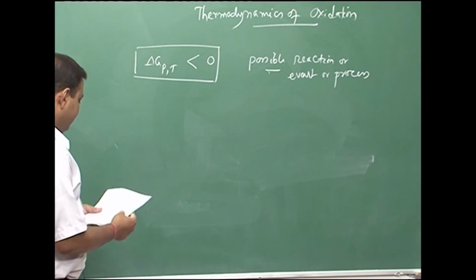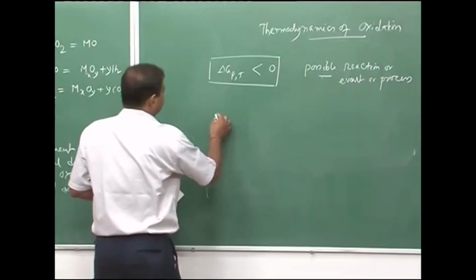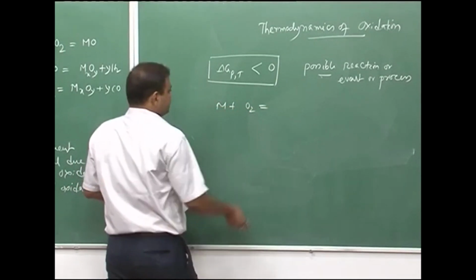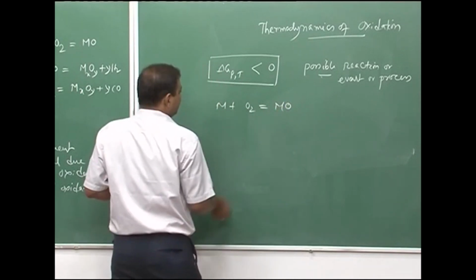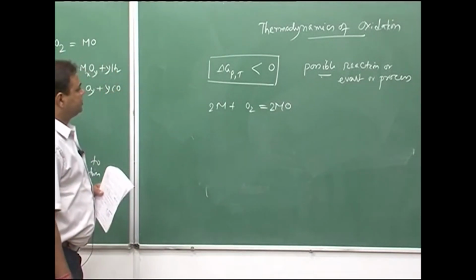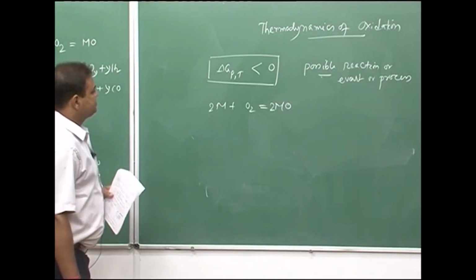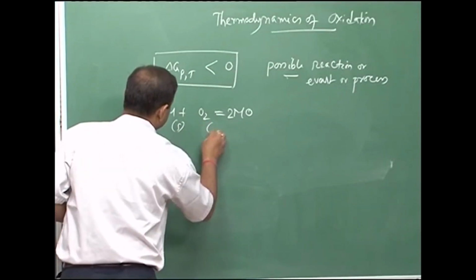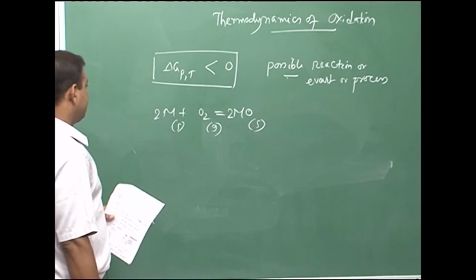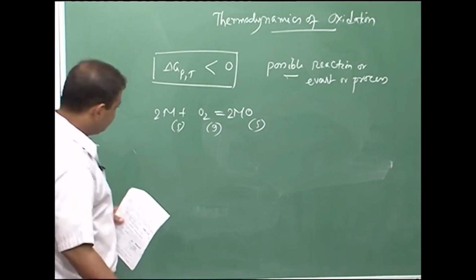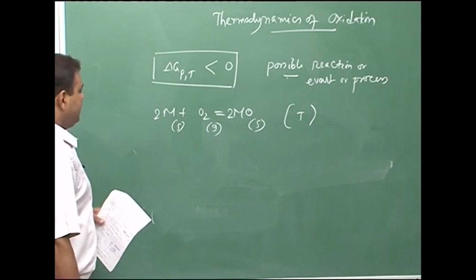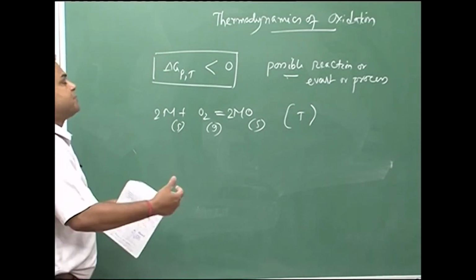Now, whenever we have a particular reaction, let us say M plus O2 forming MO, we can balance it like this. In this process, let us say M is the solid phase, O2 is gas, and the oxide which is forming is solid again. This process is happening at a particular temperature T, and let us say when the atmospheric pressure is 1.